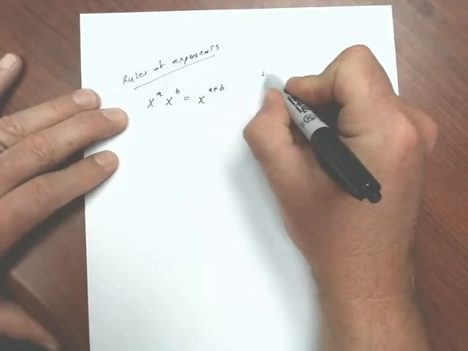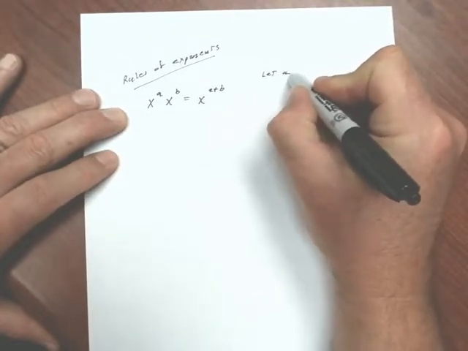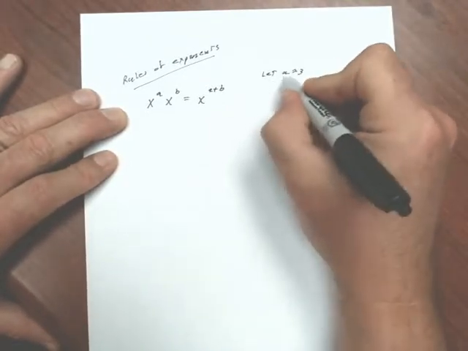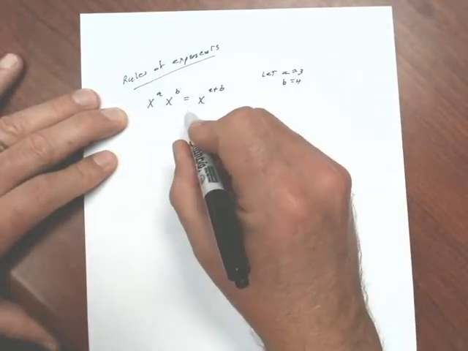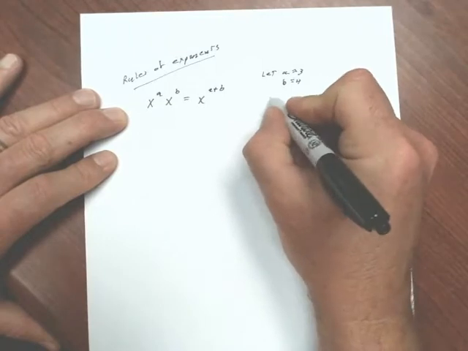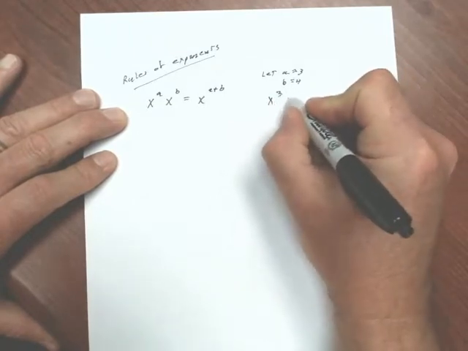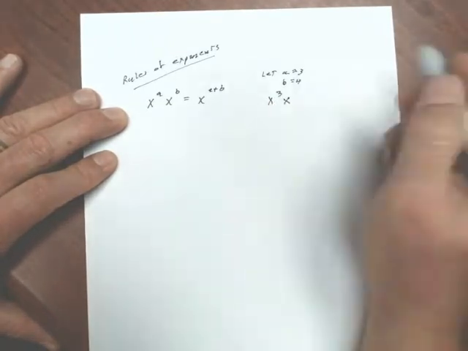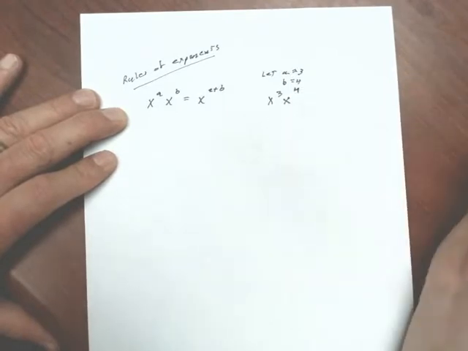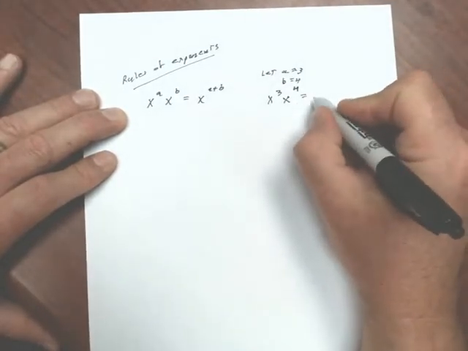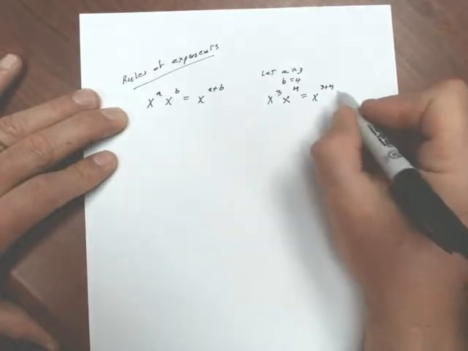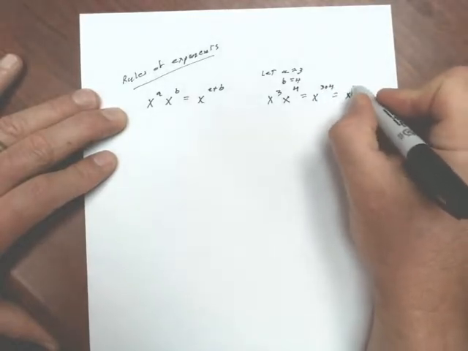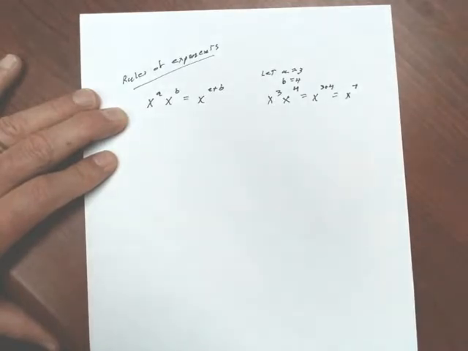If I let a equal 3 and b equal 4, then what we have here is x to the third power times x to the fourth power equals x to the 3 plus 4 power, which equals x to the power of 7.